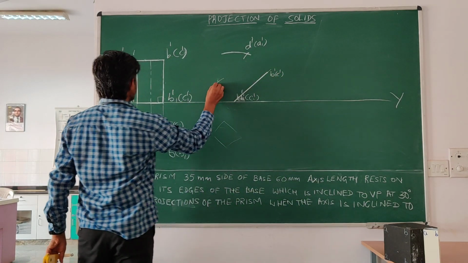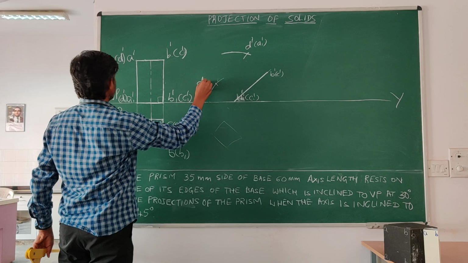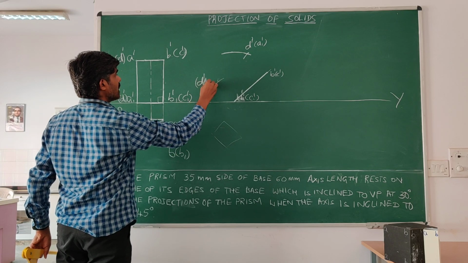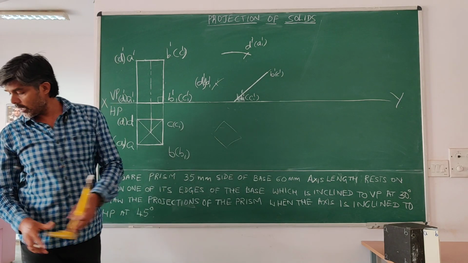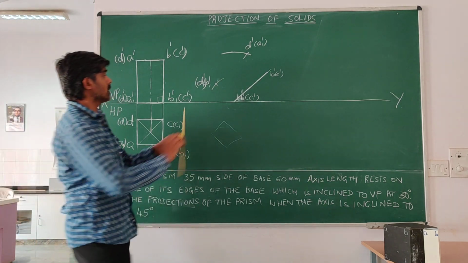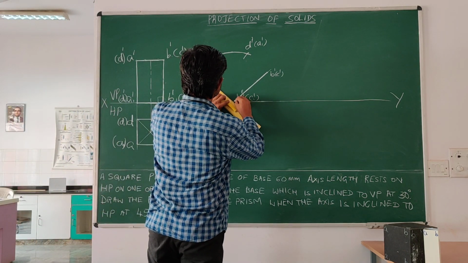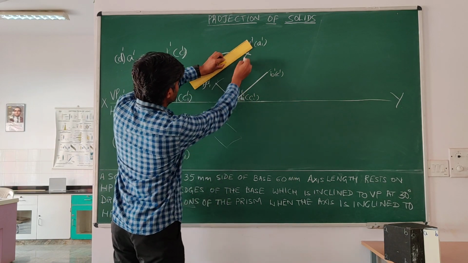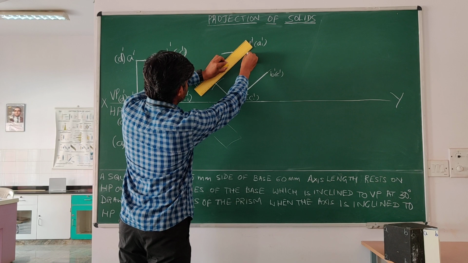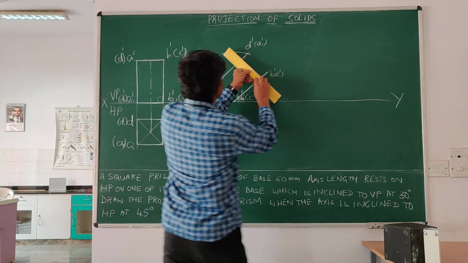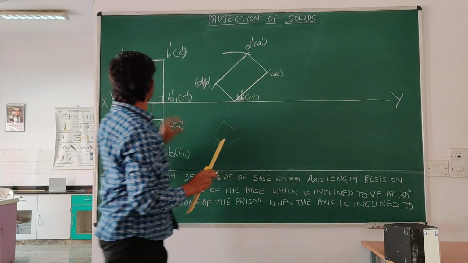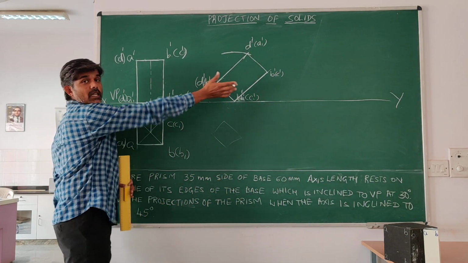So this point is B1 dash in bracket. Now I will join both points. So this is the reconstruction of this diagram here.